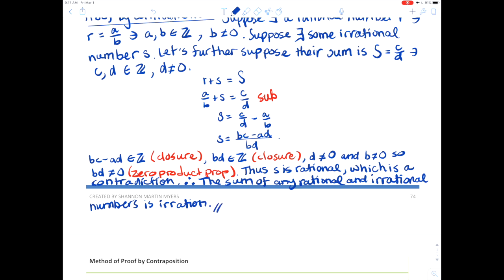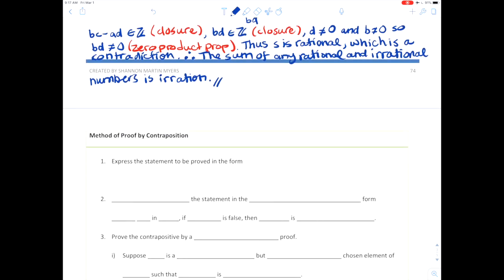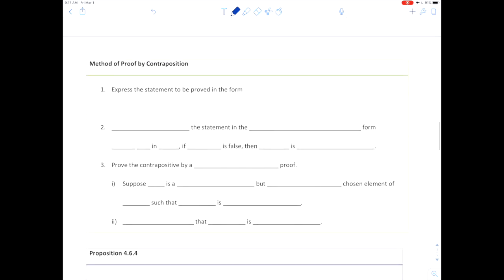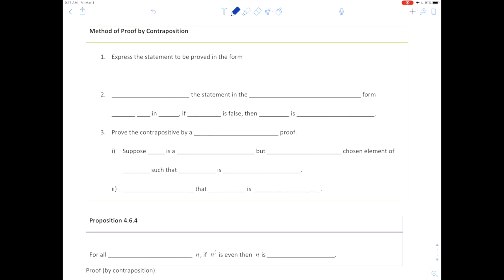All right. So the next step is to take a look at the method of proof by contraposition. So first off, it can help to express the statement that you want to prove in symbolic form.